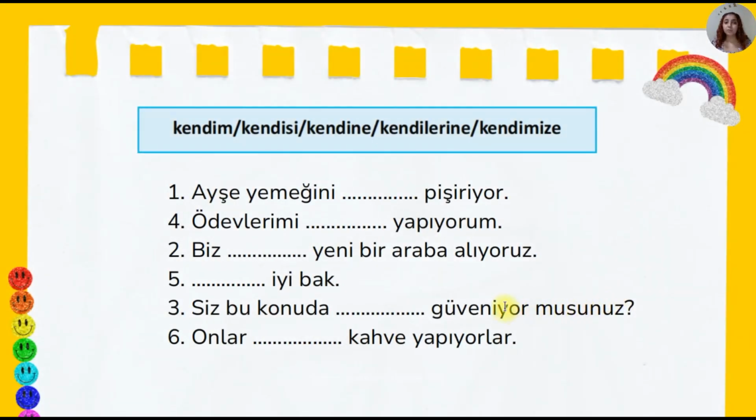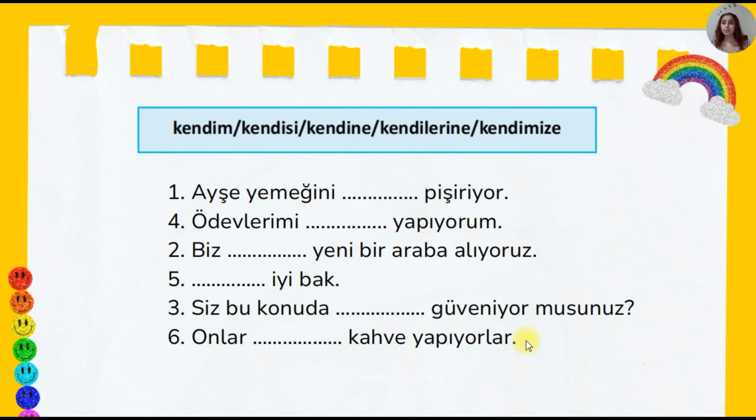And here, one more exercise for kendi and possessive suffix. And don't forget, if you need any other case, dative, ablative, or accusative, you need to use the suffix at the end of the kendi and possessive suffix part.